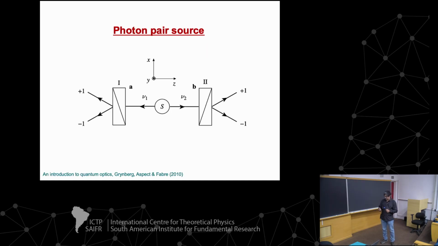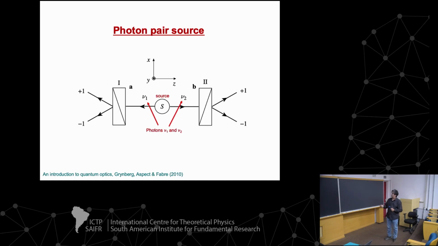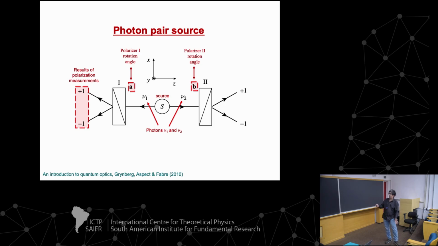Okay, so to discuss this Bell inequality, you have to think about a source of photons that emits, for example, 2 photons. I'll use the notation of this book here, in case you want to read more. You send 2 photons, called here E1 and E2, and these 2 photons go through an analyzer, which is a polarizer, and the results for this polarizer you just encode as +1 or -1.